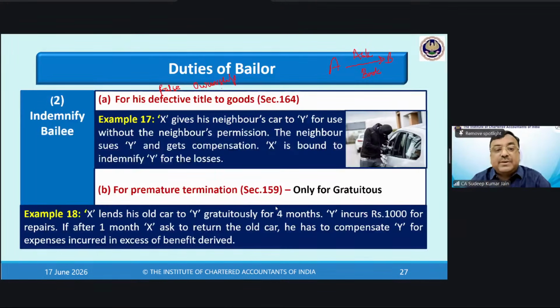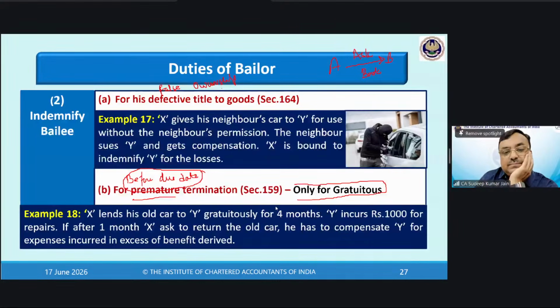Premature termination. Premature means before due date. But this is only for gratuitous bailment.